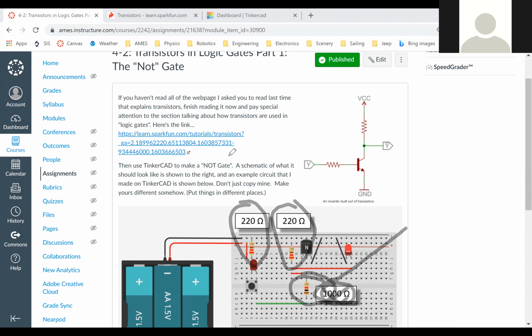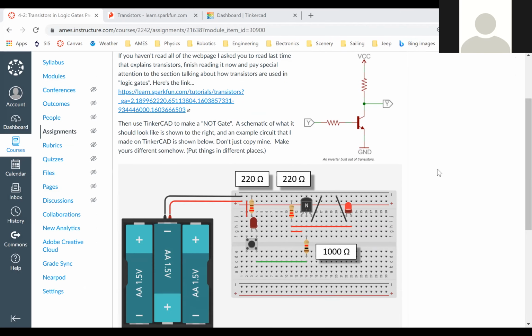Play with it. See what happens. That's a big part of what I want you to do today: basically just play with Tinkercad and experiment around. So the first time you do it, if you want to use the same resistor values that I did, then fine. But then experiment with other things.